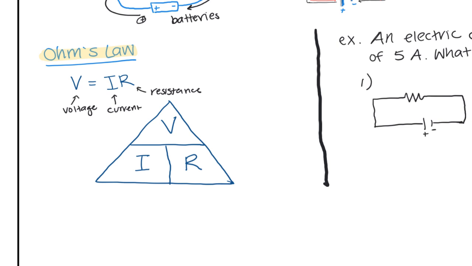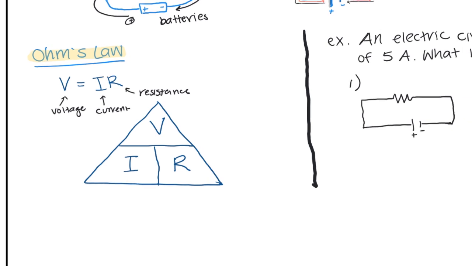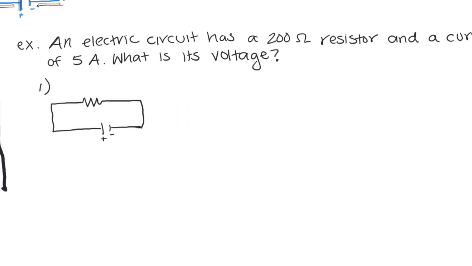Whenever we are using our triangle trick, you're going to take your finger or your hand, cover up one of the variables on the triangle. That is what you will be solving for in the problem. So we'll go through an example now showing you all how to use this triangle trick for Ohm's law.